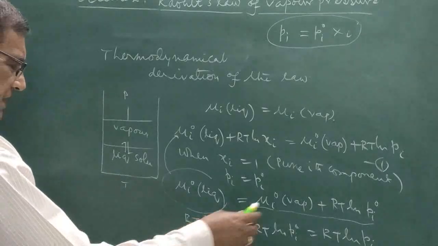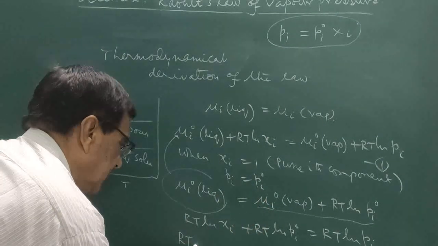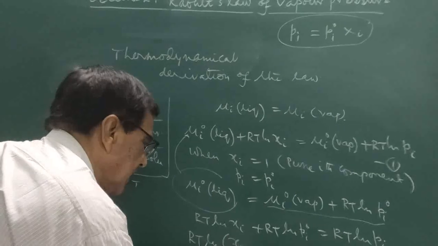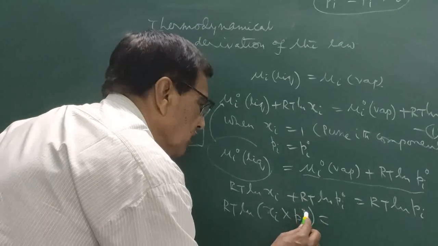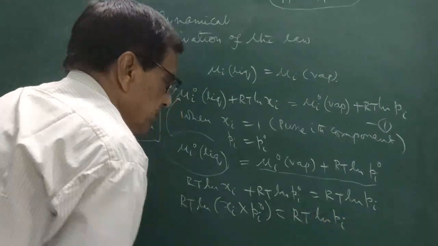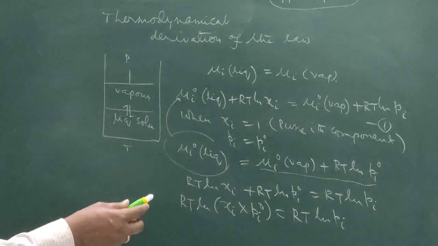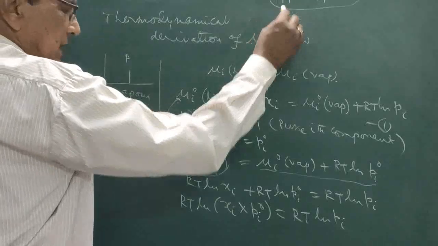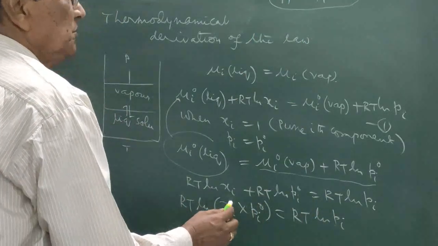So cancelling RT, we can write RT ln of xi into Pi naught equal to RT ln Pi. Cancelling RT and ln, we get Pi equal to Pi naught into xi.